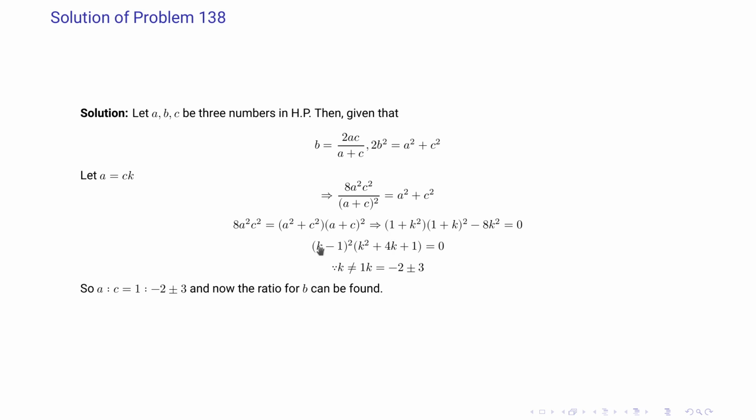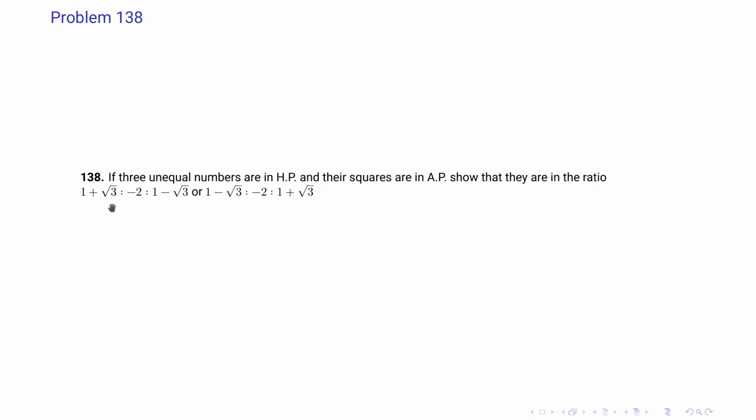So if you understand that, you can easily factorize this equation, and you can write this as (k minus 1) whole square multiplied with (k square plus 4k plus 1) is equal to 0. And since the numbers are unequal, k cannot be 1. So k is minus 2 plus minus square root of 3. Now that will give us a is to c.